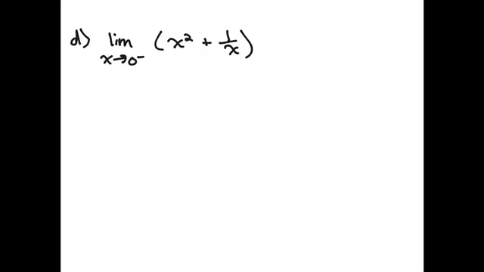Okay? Here, if we plug in 0, we're going to get 0 plus 1 over 0. Since it's not squared like it was in the other problem, I have to determine if that's going to be a positive or a negative. So we're not worried about this first 0, that's just 0.